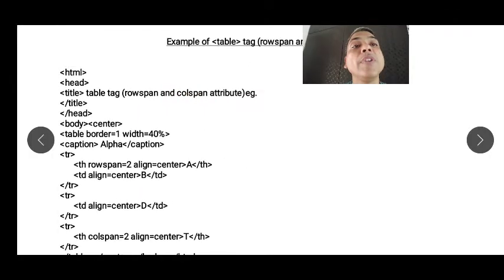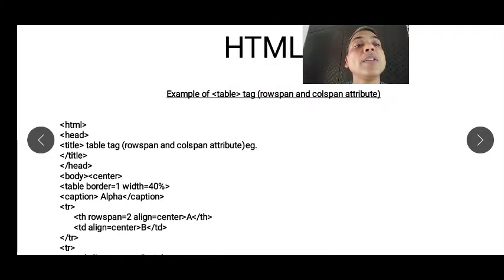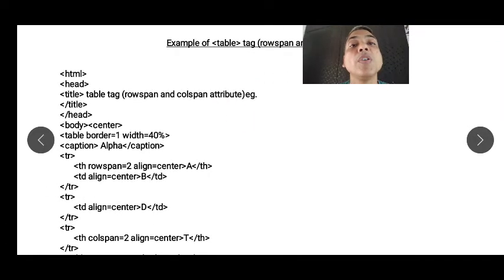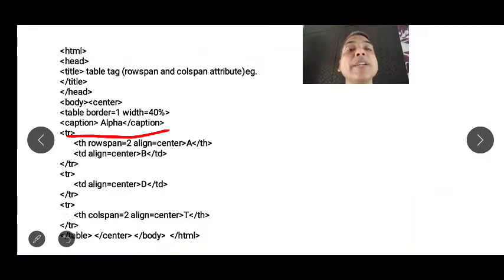Here we have taken the example with rowspan and colspan attributes. Body tag, table, border equal to 1, width equal to 40. Here we have used a new tag known as caption. Remember that the caption tag is used for giving the title to the table.